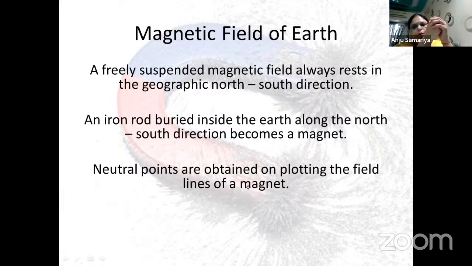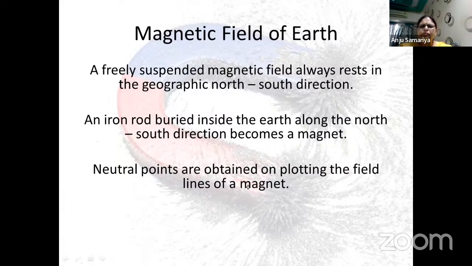So at a neutral point, if you bring a magnetic compass, it will remain as it is. It will neither align with the Earth's magnetism nor with the magnetic field of the magnet. However you turn and place it there, the magnetic compass will stay as it is.